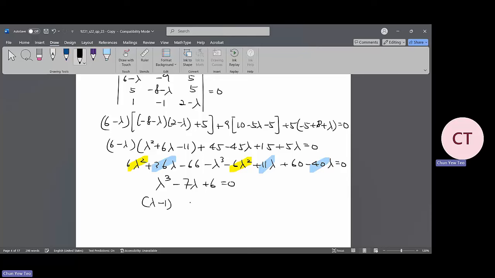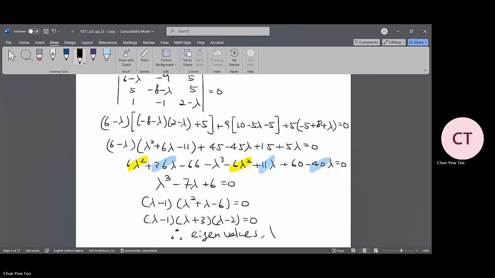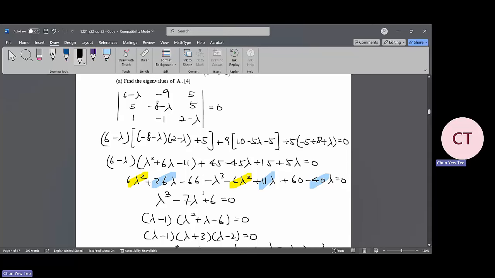You can see that lambda equal to 1 is a root, so you factorize it out. Then you get this. Factorize it further for the quadratic expression, and you get plus 3 and minus 2. Therefore, your eigenvalues lambda are 1, 2, and negative 3. Done for part A.